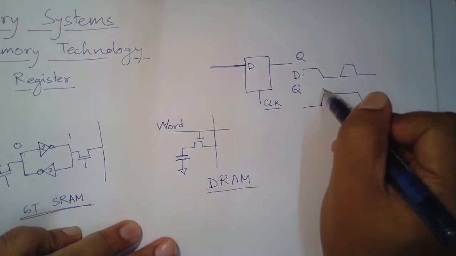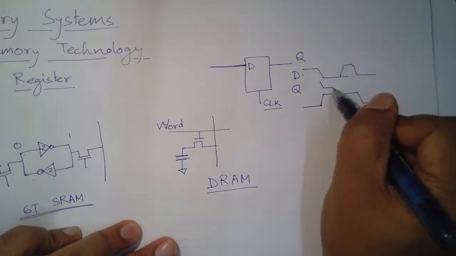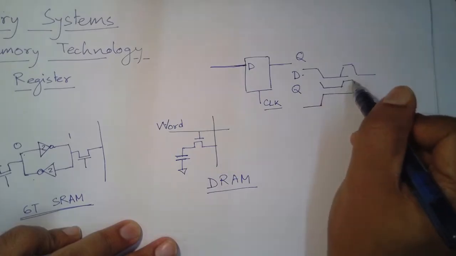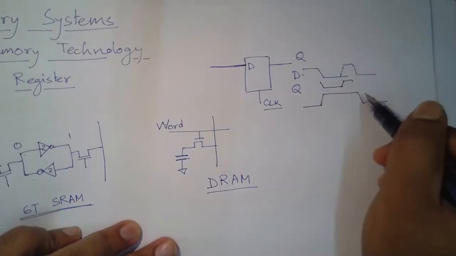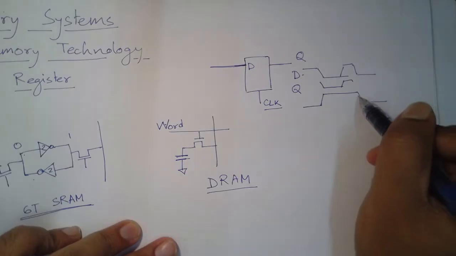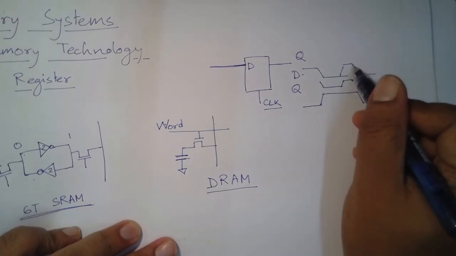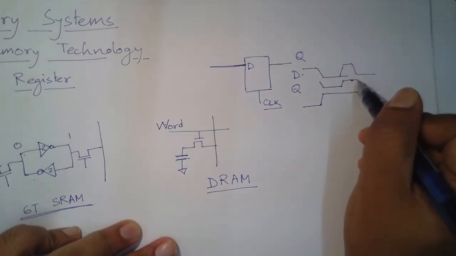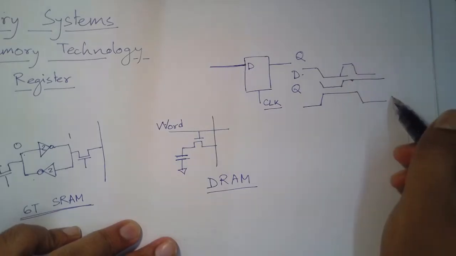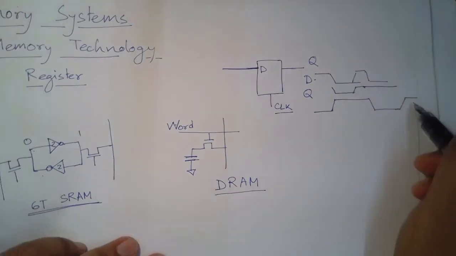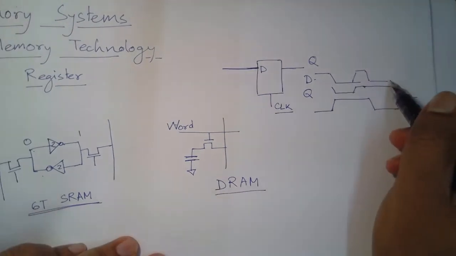As soon as the clock became high, Q will just follow the value of D. And as soon as the clock went low, whatever the value of D was, let us say high, that value will be preserved till the time when the clock becomes high again. So, let us say D remains low.